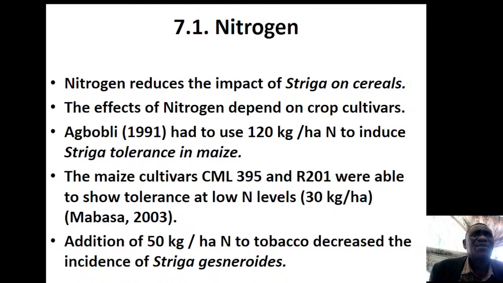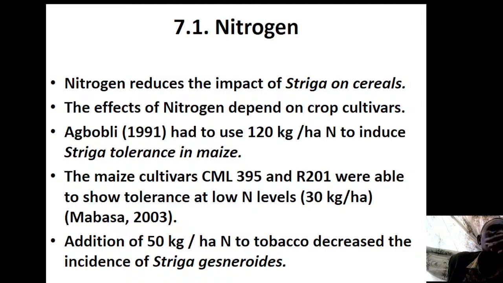The effects of nitrogen depend on crop cultivars. Now, Agboli in 1991 suggested the use of 120 kg per hectare of nitrogen to induce Striga tolerance in maize. This level is just too high for farmers.